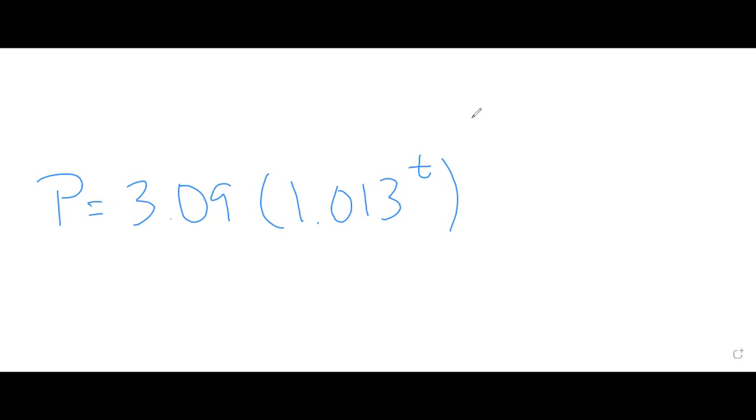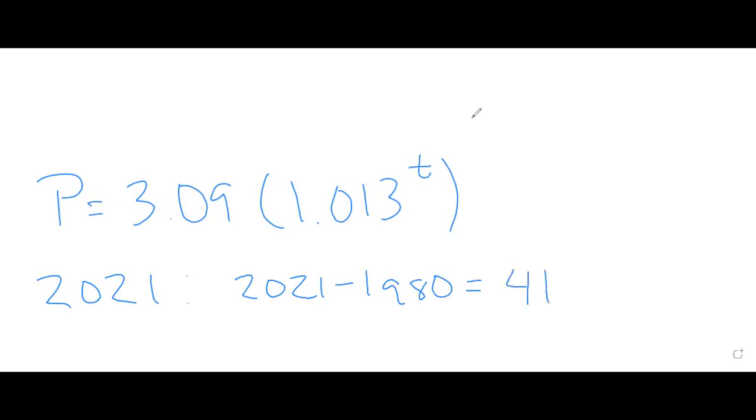So this year is 2021. We can't just plug 2021 in here. We need to know how many years after 1980 is 2021. So we say 2021 minus 1980, and that tells us that it is 41 years, okay? So what we want to do is plug 41 in where T is. So 3.09 times 1.013 to the 41.